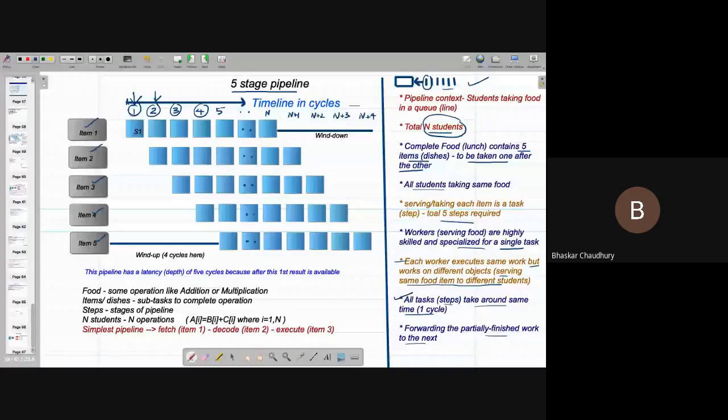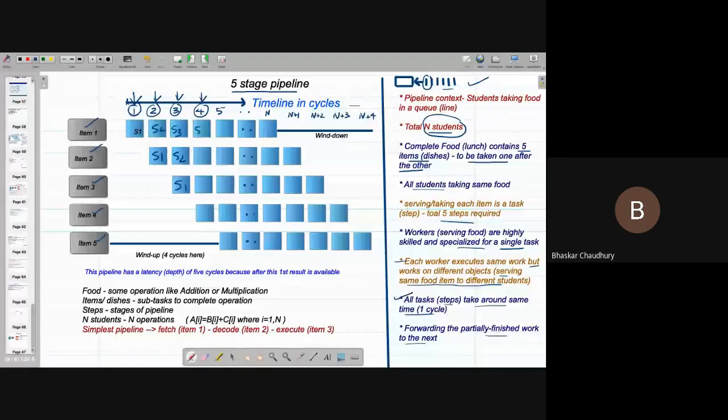At the second cycle, student 1 now takes item 2, and exactly at that point student 2 takes item 1. At the third instance of time, student 1 goes to item 3, the second student comes to item 2, and the third student comes to item 1.